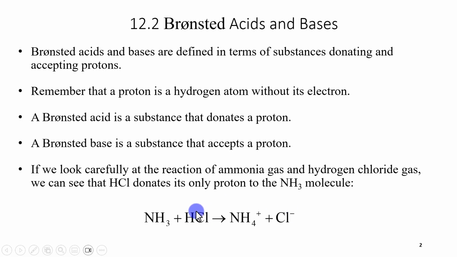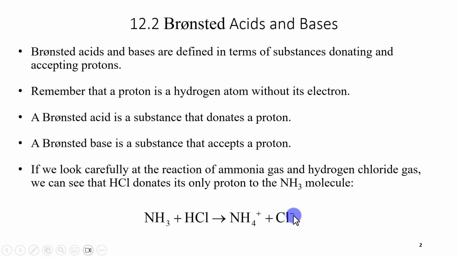So its proton, H plus, is given to the NH3, which accepts it, and it's a base, and HCl is my acid. Note that HCl is a neutral compound, but if it loses a proton, an H plus, it loses the hydrogen, but it also loses a positive charge. So it's 0 minus 1, that's the charge of the hydrogen.